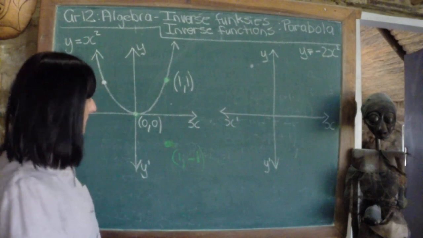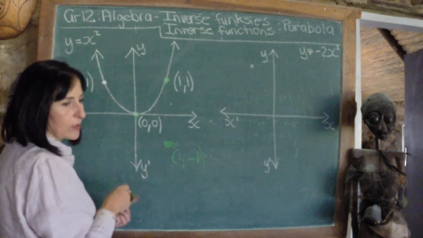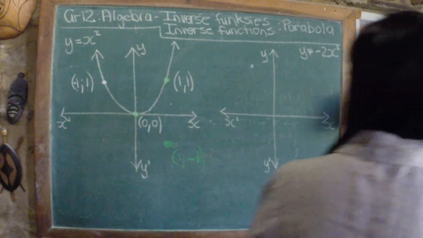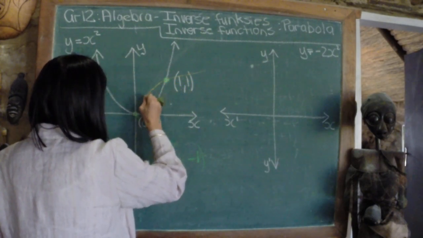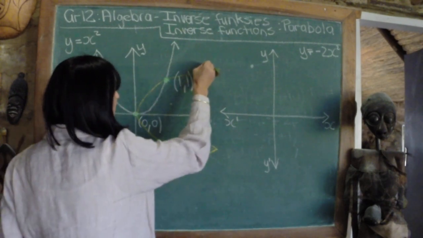I hope you can see that clearly. Goed, kom ons gaan teken ons inverse funksie. We're going to draw it, maybe it's going to be better in another color, like yellow. So let's draw this. Not function, we draw the inverse.